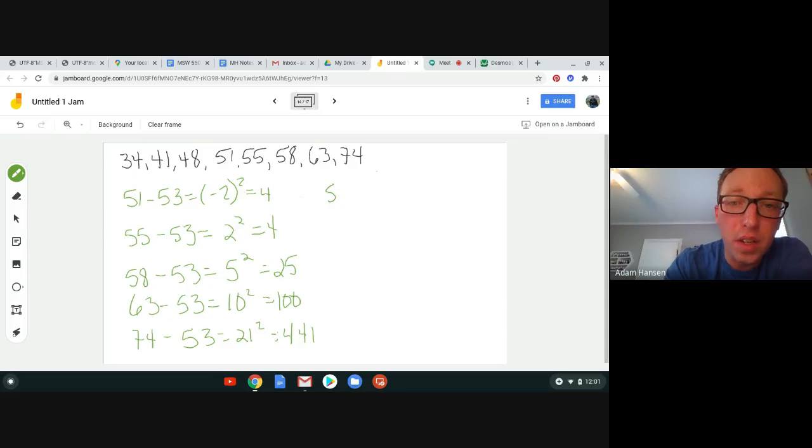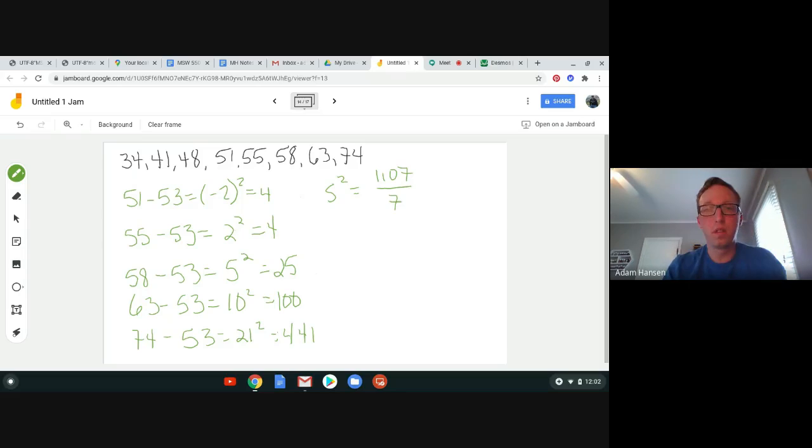So our sample variance is 1,104 divided by not 8, but 7. 7 degrees of freedom. And I get 157.71.